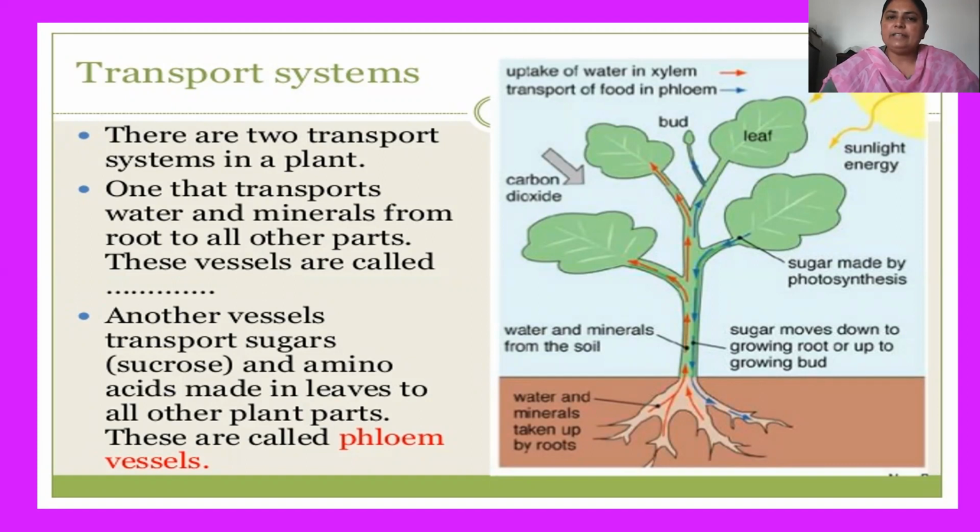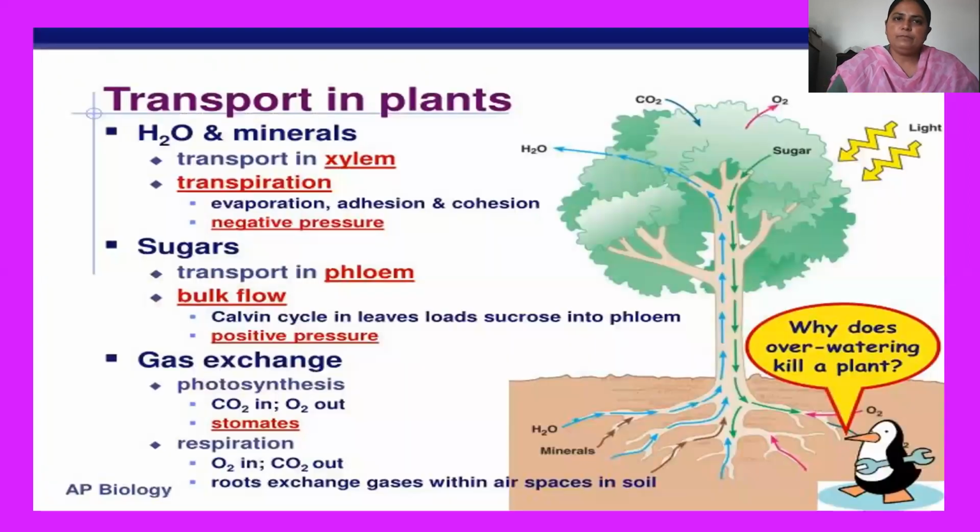Another system is involved in the translocation of sugars, which may be in the form of glucose or sucrose, and various amino acids which are formed in the leaves, to the other parts of the plant. The tissue responsible for translocation of these food molecules from the leaves to the various parts of the plant is the phloem tissue.